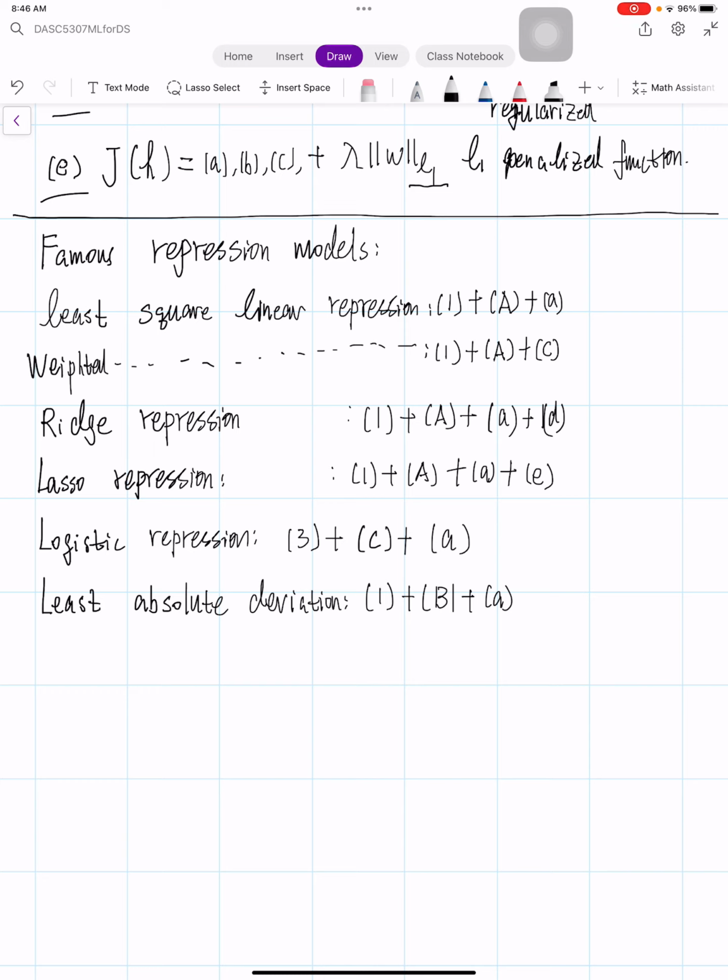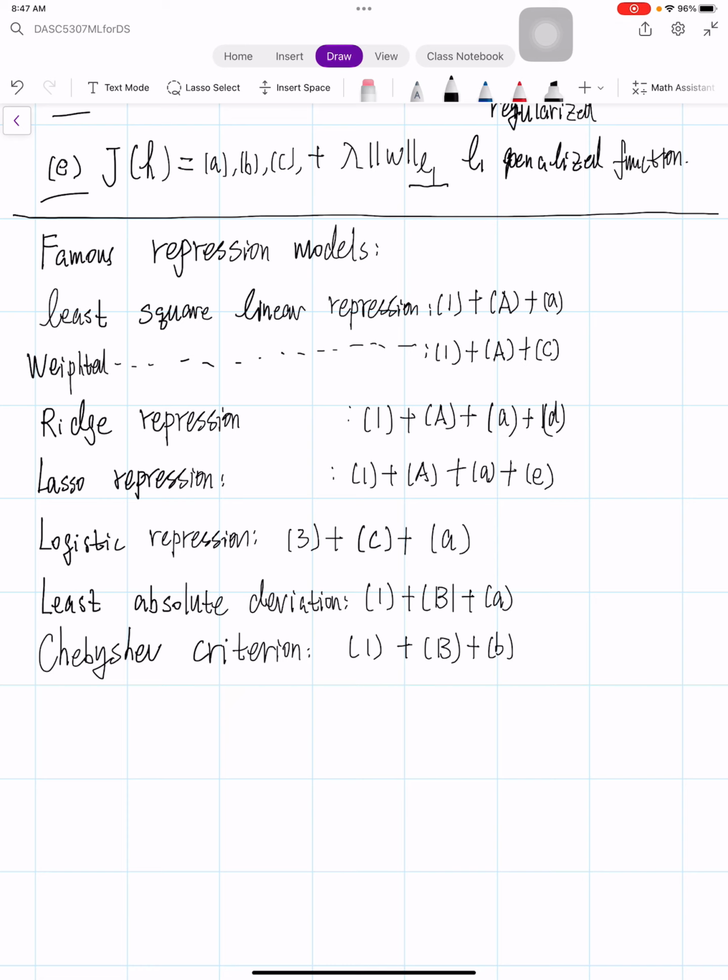There is another type of regression, also called Chebyshev criterion. It's a linear form plus the absolute value loss plus the maximum cost function.